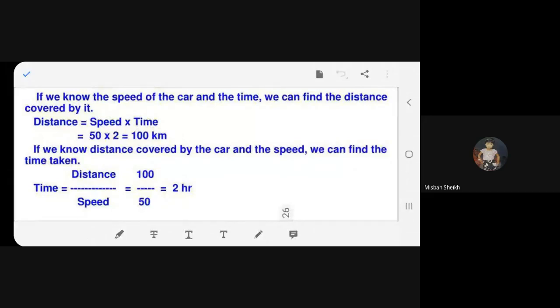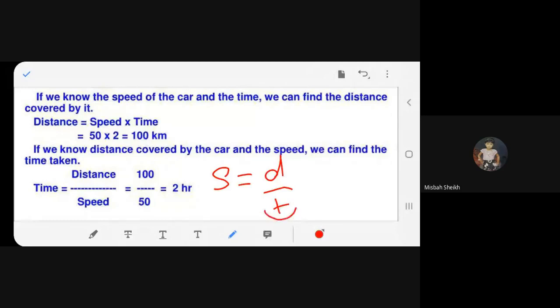If we know the distance covered by the car and the speed, we can find the time taken. For example, speed is equal to distance upon time. So I can put time over here. Therefore, time is equal to distance upon speed.